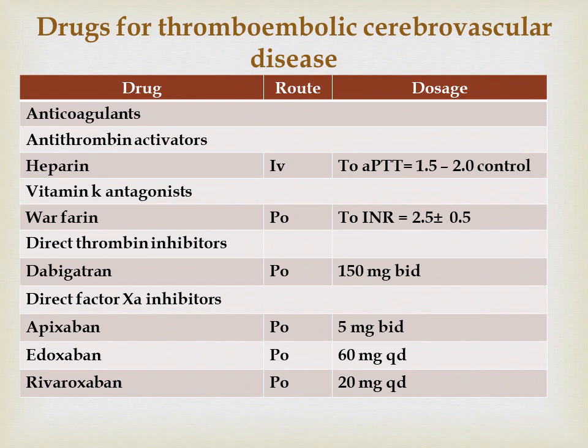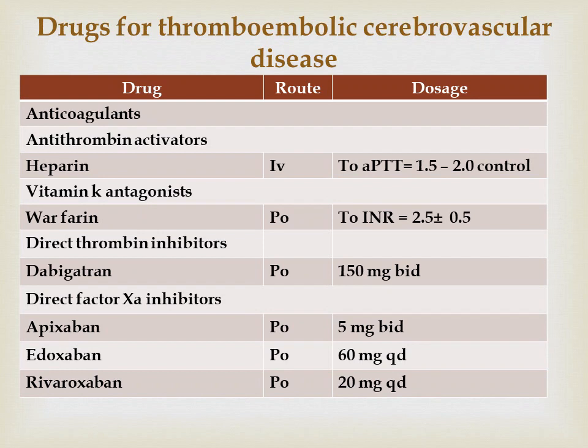So, the drugs for thromboembolic cerebrovascular disease include anticoagulation, as I told. These include the antithrombin activators like heparin given IV to a PTT of 1.5 to 2 times the control.